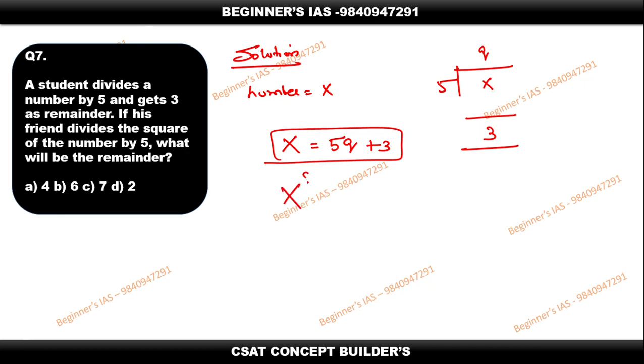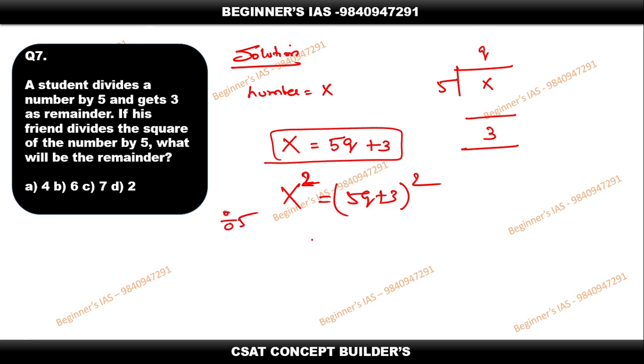When my friend divides this number, he gets a remainder that you need to identify. I have to find out the remainder when you are dividing this x square by 5.